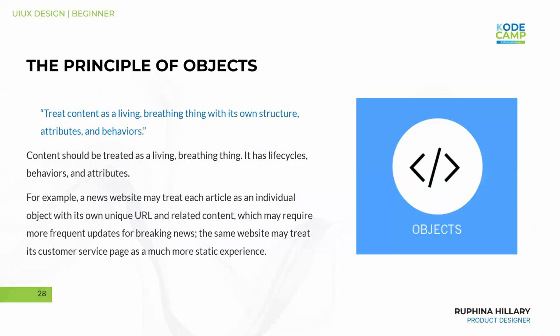So the first principle we're going to talk about today is the principle of objects. In information architecture, we are tasked to treat content as a living, breathing thing, with its own structure, attributes, and behaviors. It has life cycles, behaviors, and attributes.